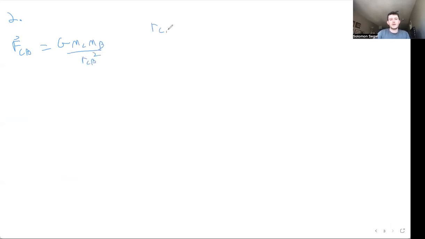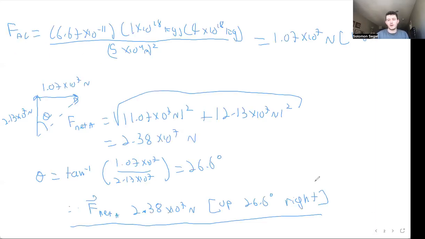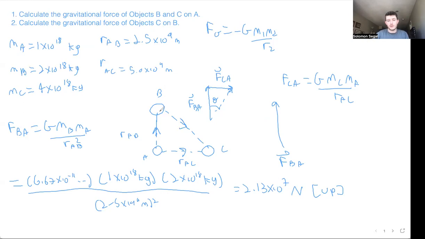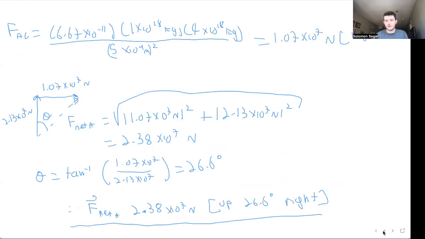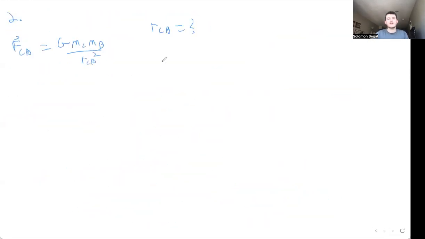Okay, RCB, we don't know, but we can calculate it because we know RAB. We know these other two, and we can just use Pythagoras, which will be very nice. So we do know that RCB is equal to RAB squared plus RAC squared, and then we take the square root.